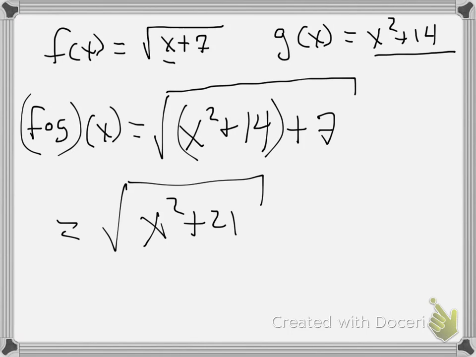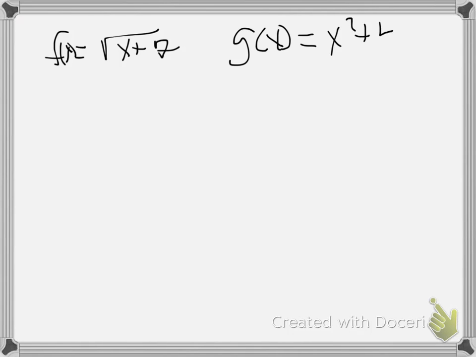Alright, now let's stick with these two things, and let's say f of x was the square root of x plus 7. And let's see, what was g of x? X squared plus 14. Yep, g of x was x squared plus 14. Now let's say I wanted f of g of 2.